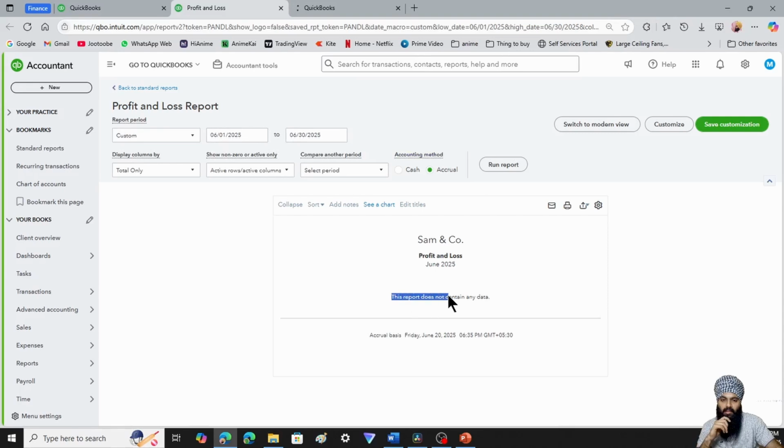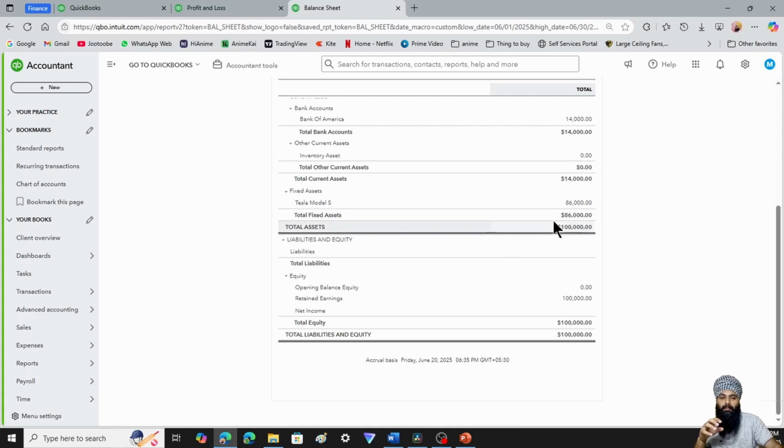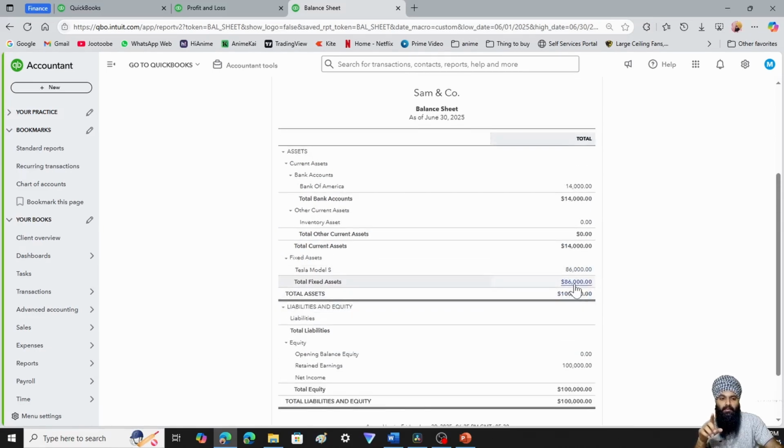As you can see here, this report does not contain any data since earlier transaction data related to the profit and loss account, right? Now look at the balance sheet. Earlier, starting balance was $1 lakh from Bank of America. Okay, there is no change in equity, but since we paid $86,000 from Bank of America to the Tesla company for model Tesla as the fixed asset, here you can see this transaction created successfully.